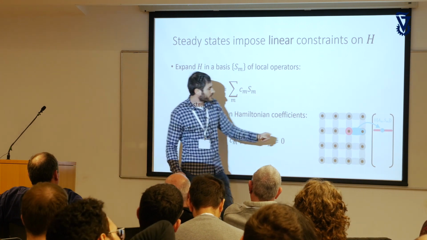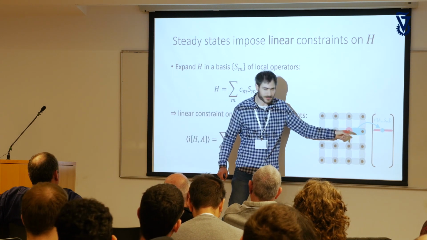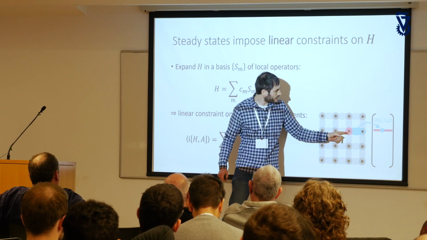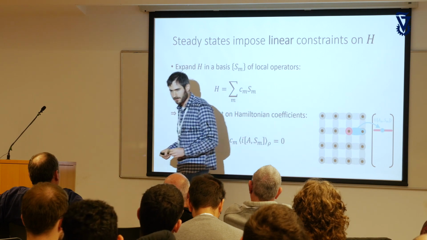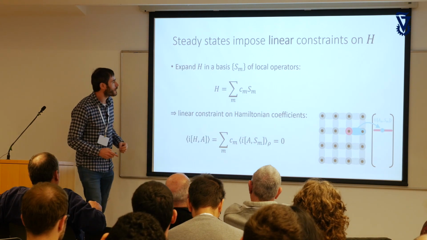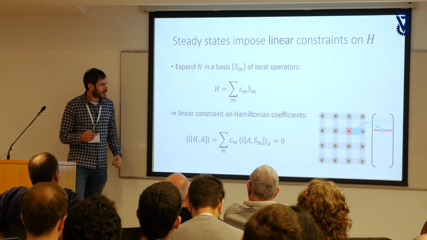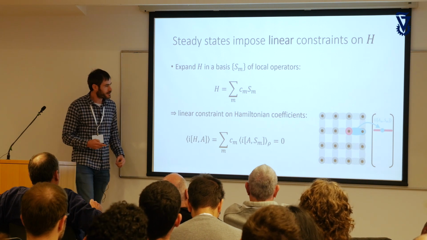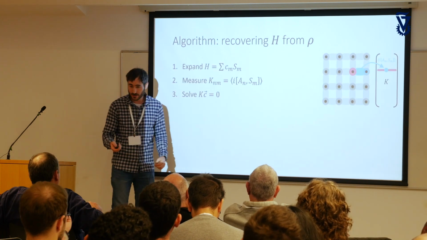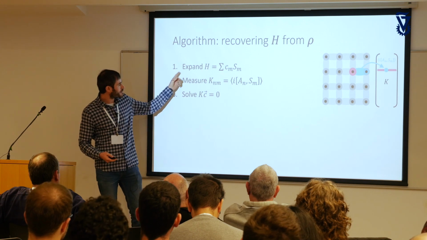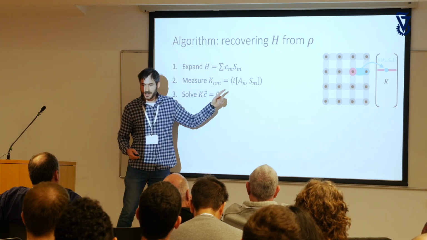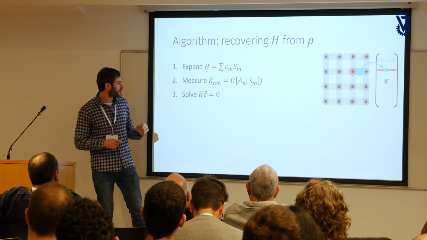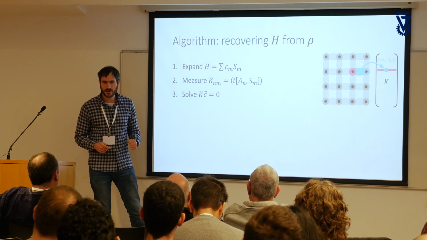So the index M corresponds to these blue terms, the terms in the Hamiltonian, and the index N is the index of the constraint operators. Okay, so we have many linear constraints on the Hamiltonian. So this gives us an algorithm for recovering the Hamiltonian. We expand the Hamiltonian in a basis of local operators. We measure these commutators, put them into a big matrix, and solve the linear equation.